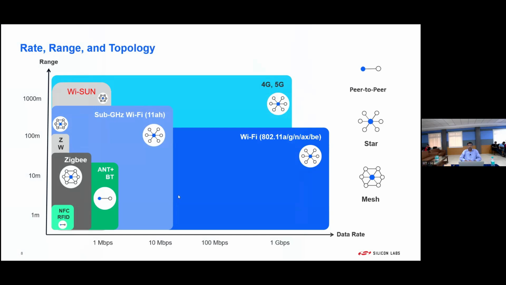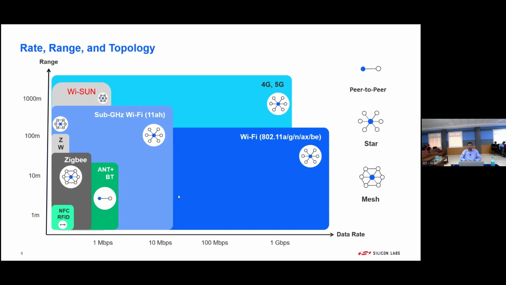With the symbols representing each wireless technology, if you look at short range starting from NFC and RFID, followed by a few tens of meters in Zigbee and Z-Wave, all are around 1 megabit per second data rates.